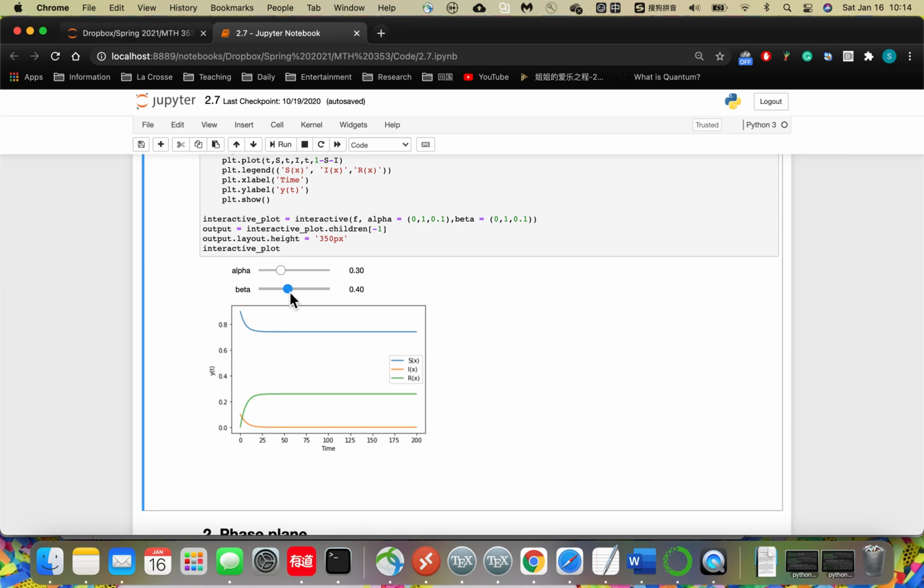But if your infection rate is bigger than the recovery rate, that's when you have people who constantly get infected and they cannot recover in time. Therefore, you are going to see a peak in the infection, because you just don't have enough people recovering at a fast enough speed. Then they will stay infected for a long time until all people get infected.